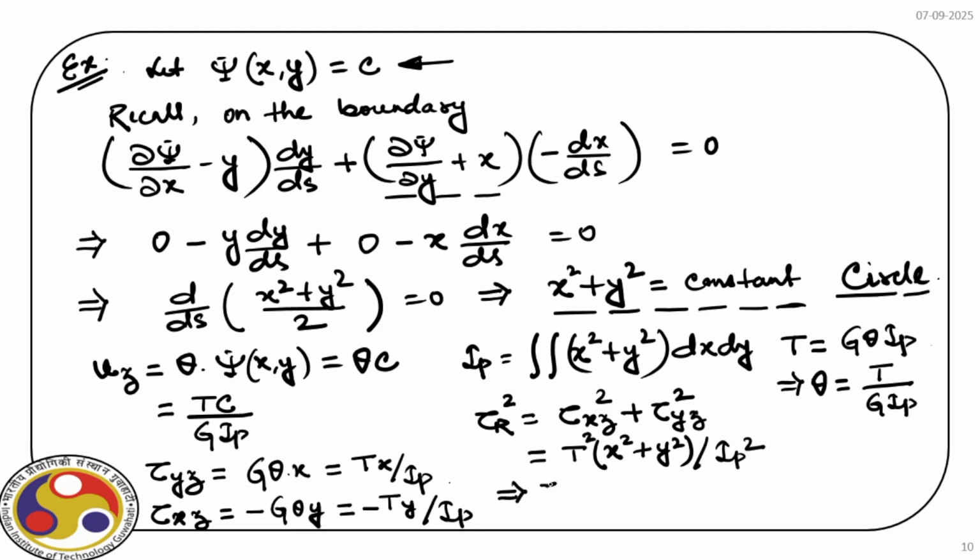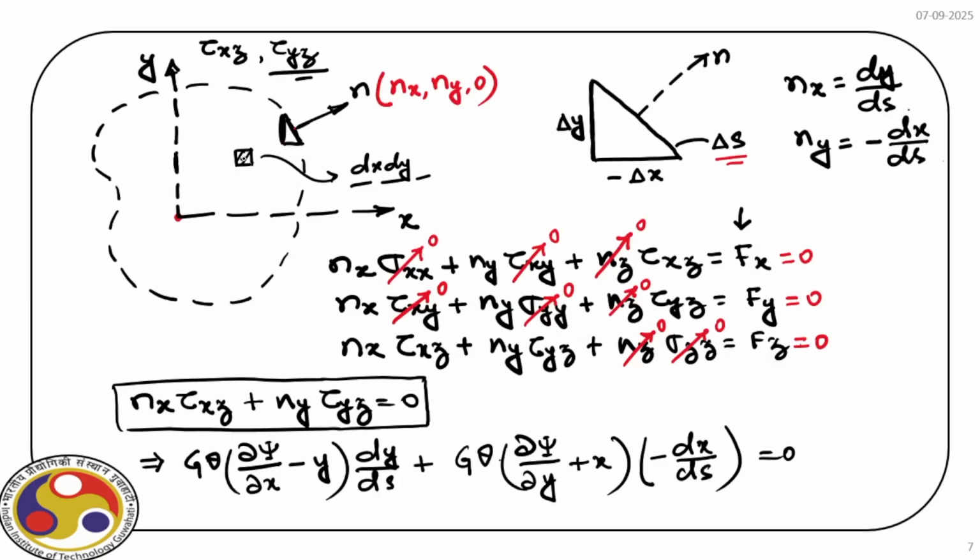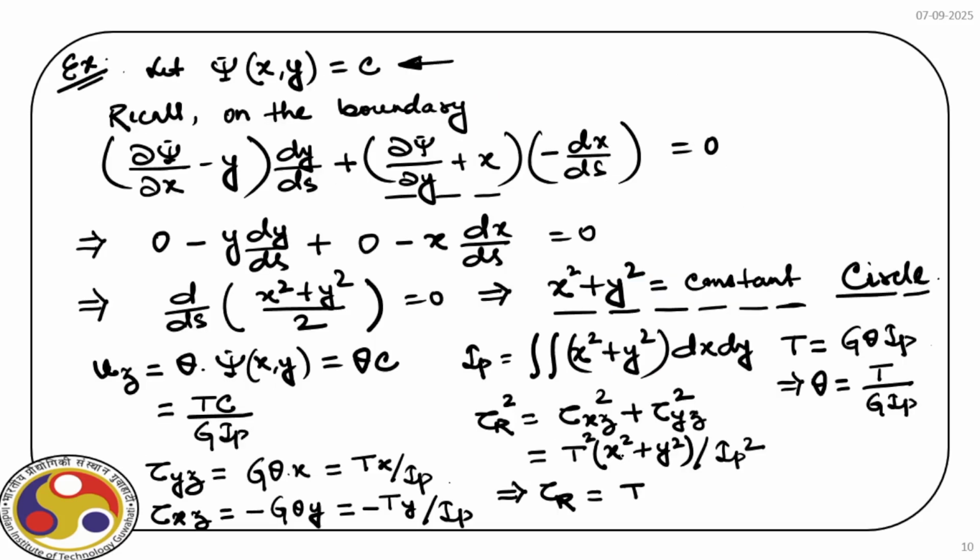So effectively tau r is equal to T times square root of x square plus y square divided by IP. If we look at the cross section, at this point, say we have x comma y, recall the point P, this distance is r, so r is square root of x square plus y square. So we can replace that with r, and tau r is equal to T r divided by IP. Again we get the same expression that we derived in the previous lectures for circular cross section.